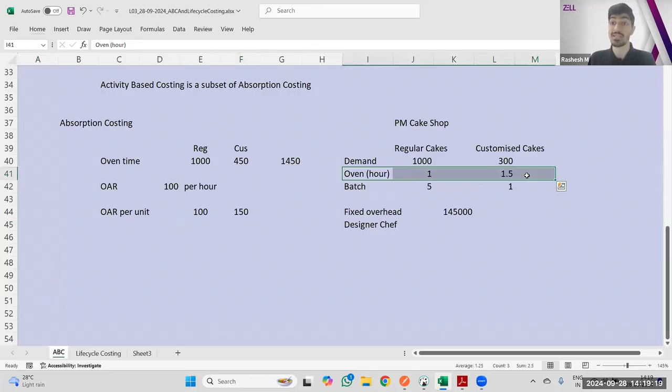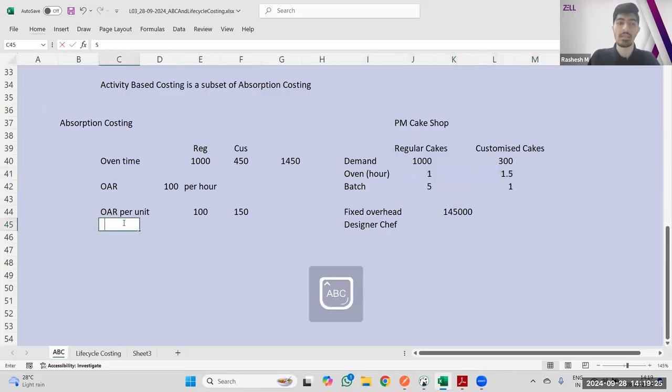If any of us are confused, let's just see if it adds up and if it gives me my total cost. So say I sell 1,000 such cakes and I sell 300 such cakes, which is my monthly demand.